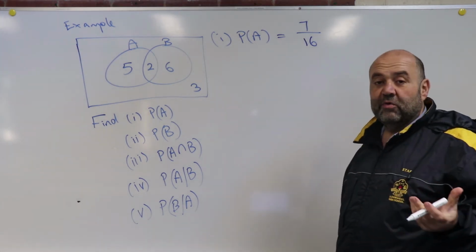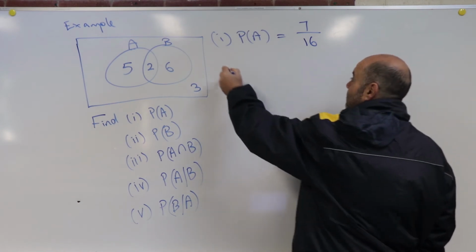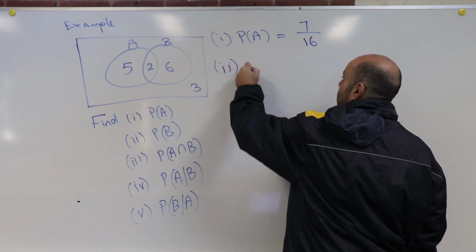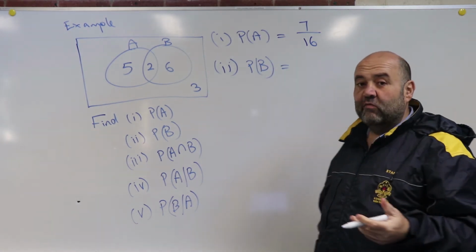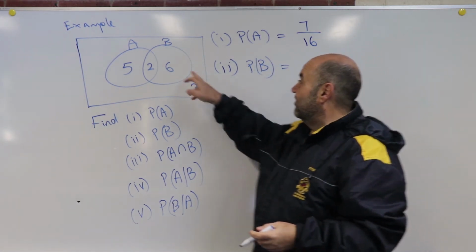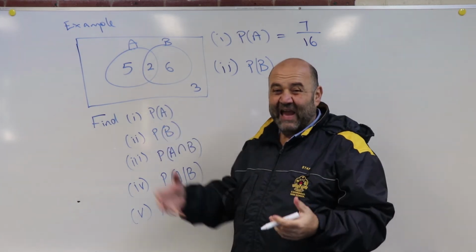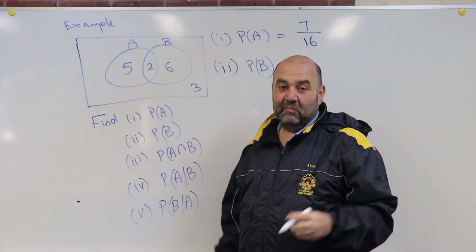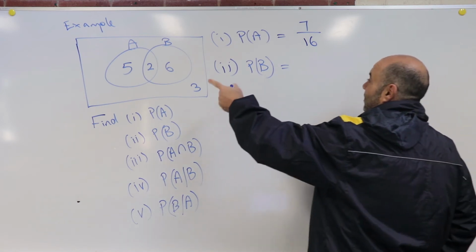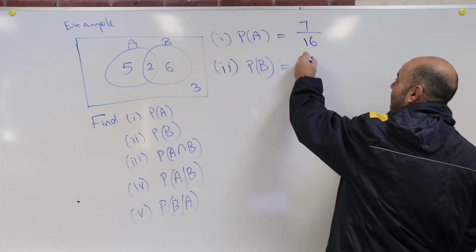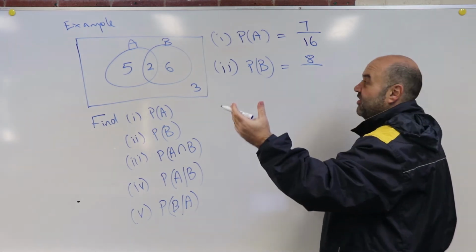Let's keep on going. What's the probability of B? Well, the probability of B is the number of ways B can happen. So there's 2 and 6. There's 8 possible B's in our set, right? So the probability of B is the number of ways that B can happen, 8 over the number of possible things that can happen.